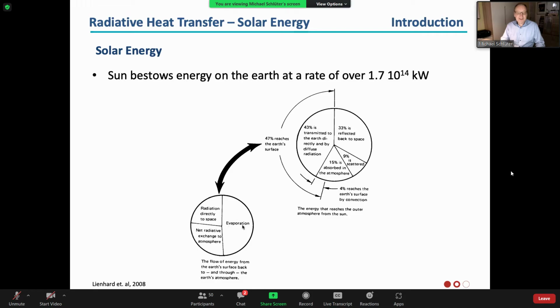A lot of energy at Earth is evaporated, and also some radiation is directly reflected back to space. Yeah, so that's what happens with the radiation that enters into the atmosphere and hits the surface. So this means that from all these 1.7 times 10 to the power 14 kilowatts, unfortunately only a small amount can be used by solar collectors.